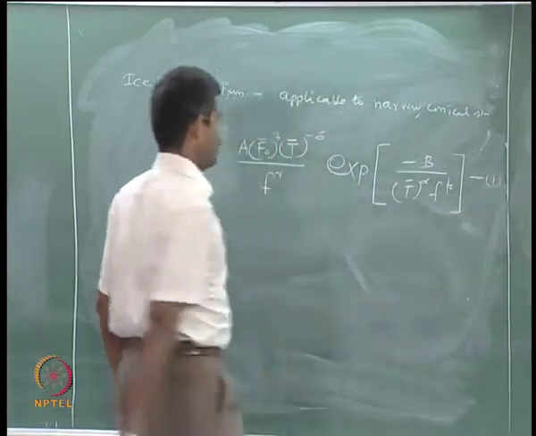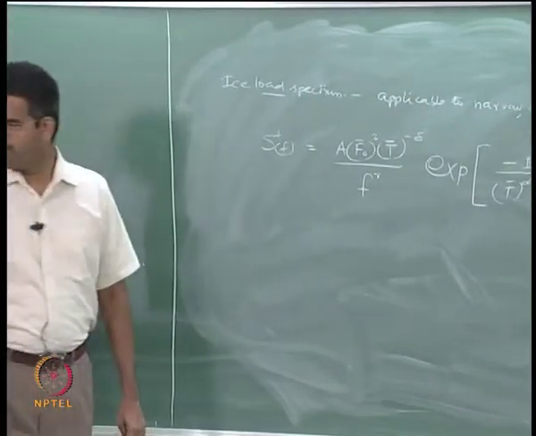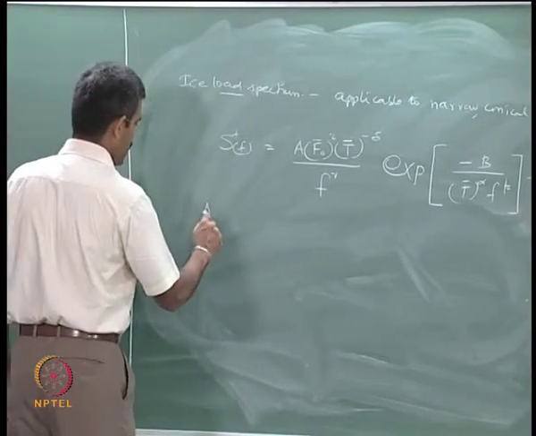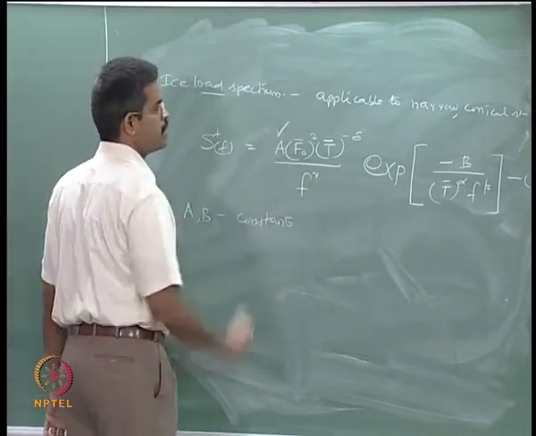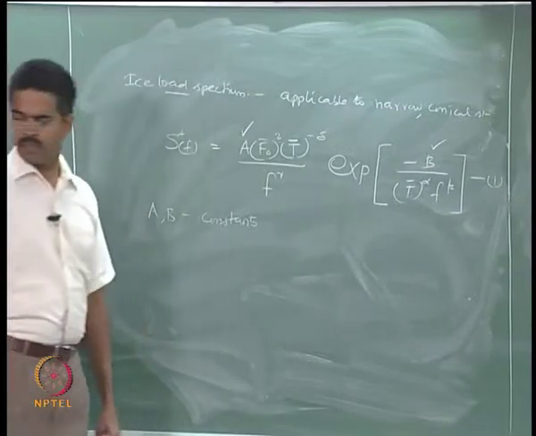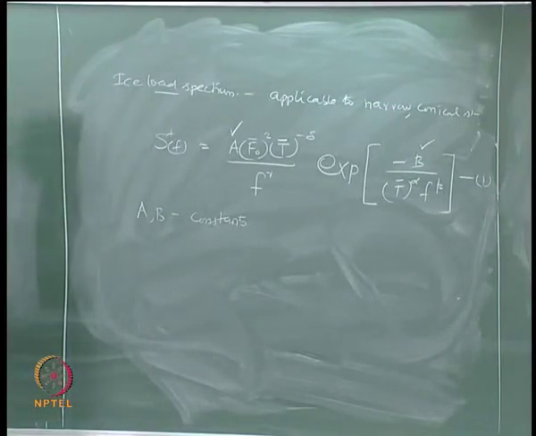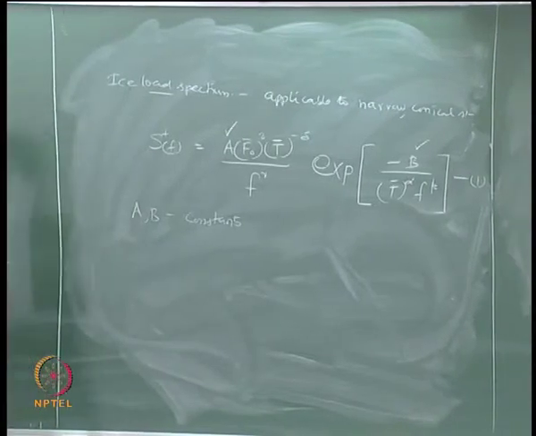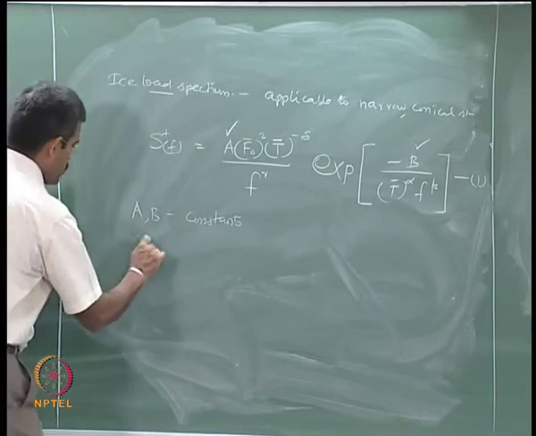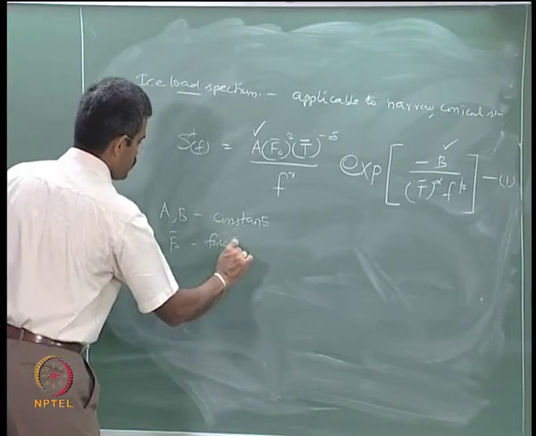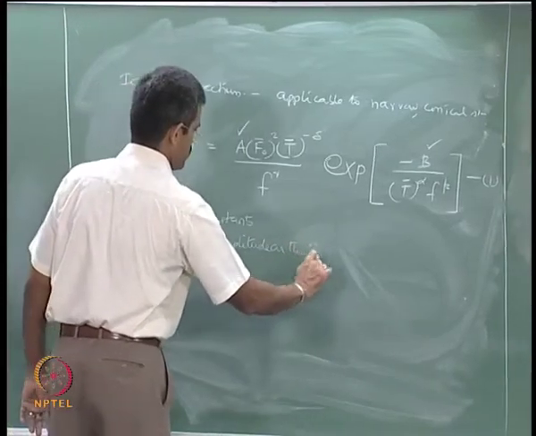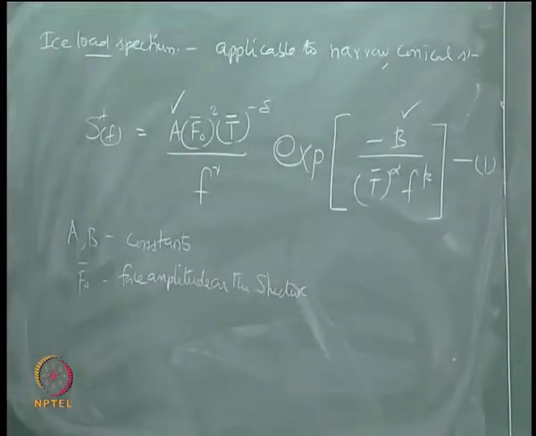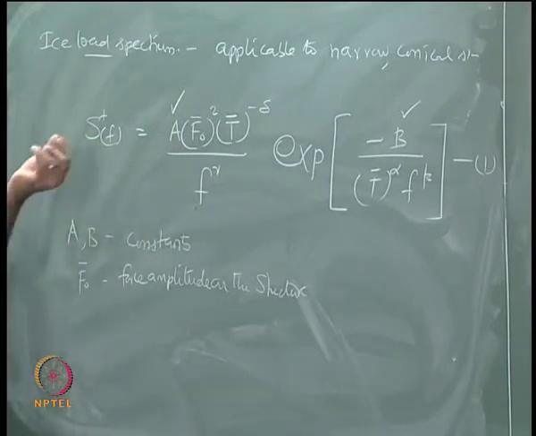Call this equation 1. Here A and B are constants, F naught is the force amplitude on the structure, and F is the frequency at which this spectrum is plotted, because it is a function of F.